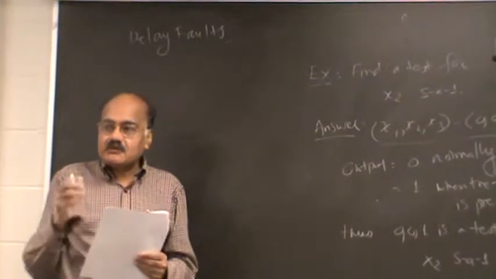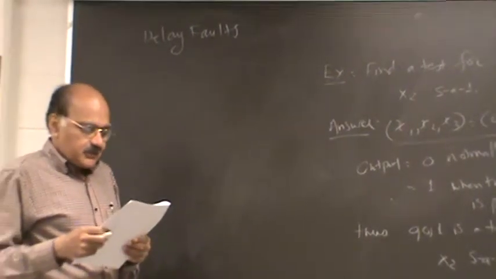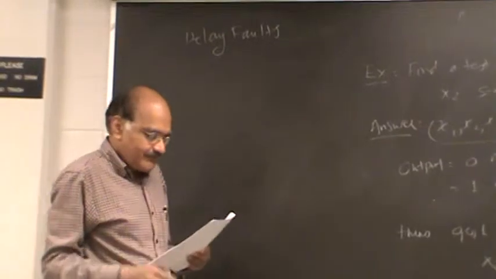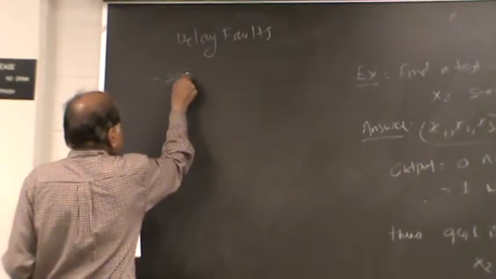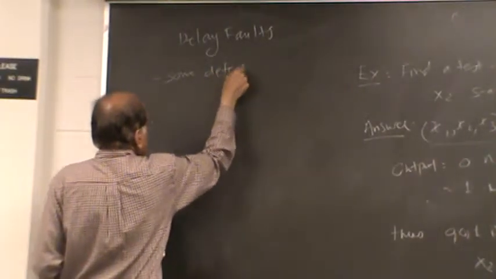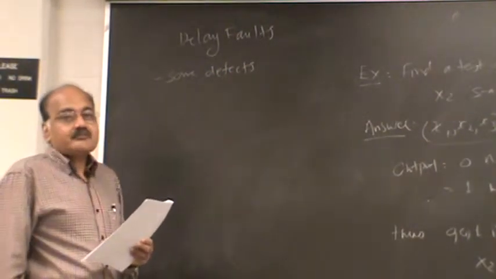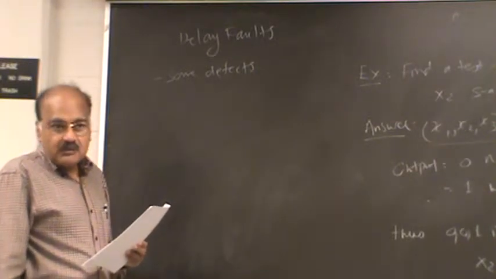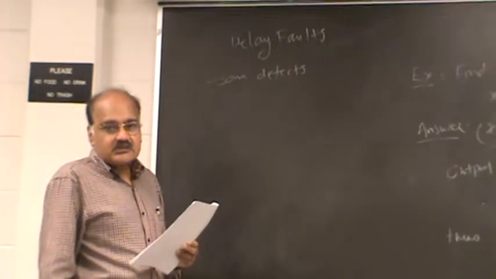So if they are not stable within the given time, the value sampled is going to be incorrect. Now you can have some defects which don't cause a logical problem. Your circuit will still work, but your gates will respond slowly.